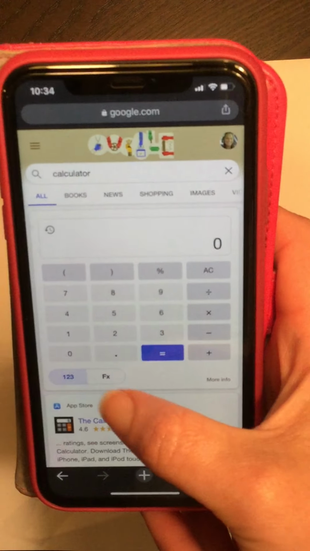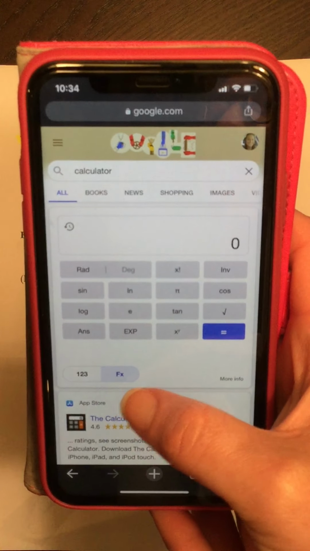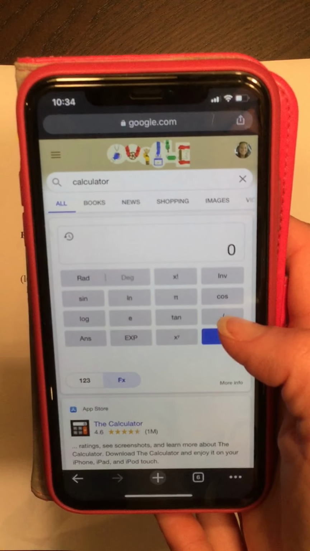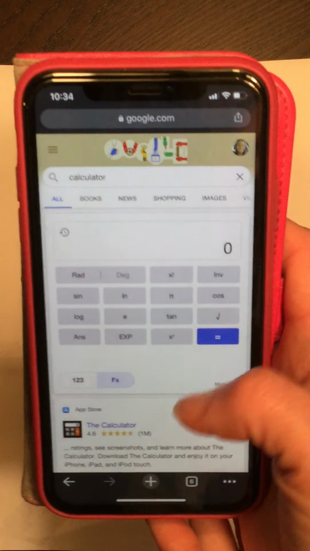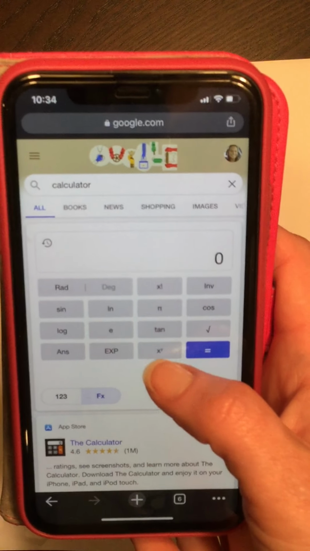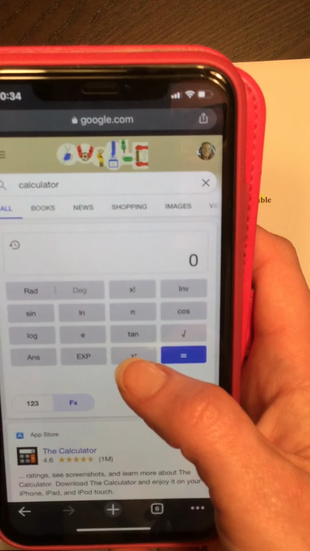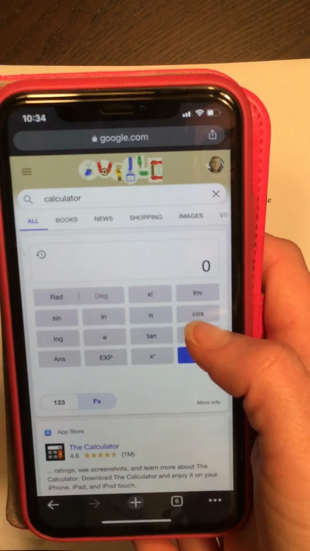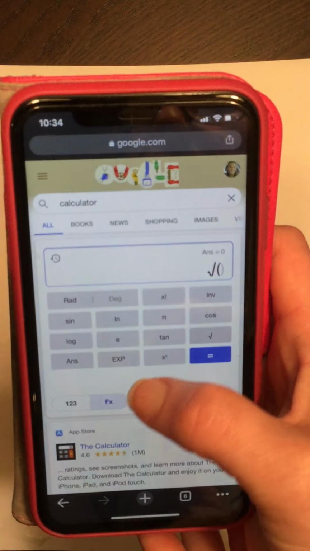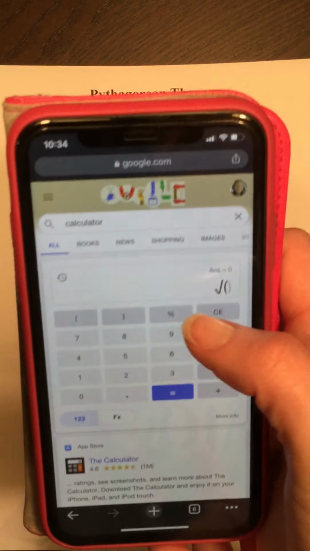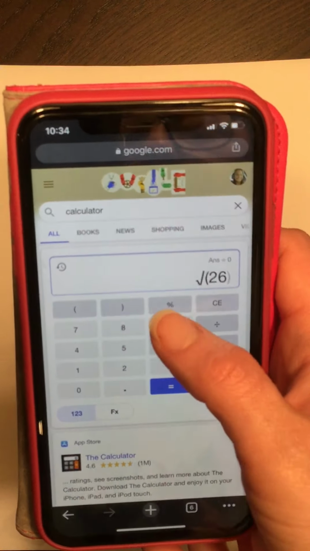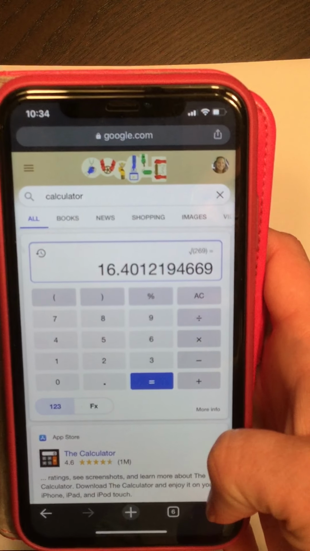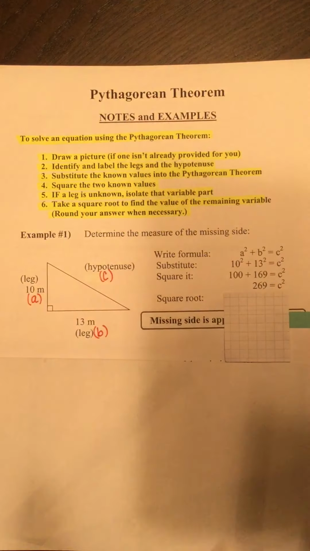Okay, if you push this fx, this right here above the equal sign is your square root. And then this right here is your button that you can square something. So you would push this button above the equal sign, and then you'd have to go back to 1, 2, 3 and type in your 269 and equals, and it's going to give you the same answer my calculator did. Okay?